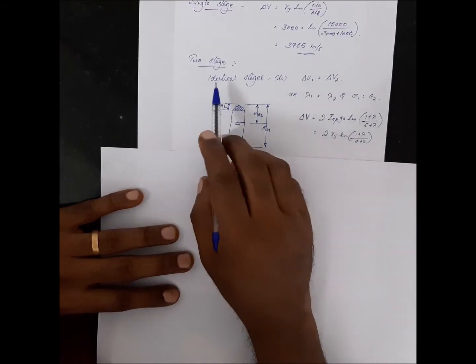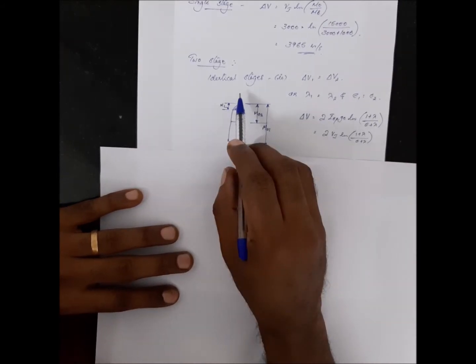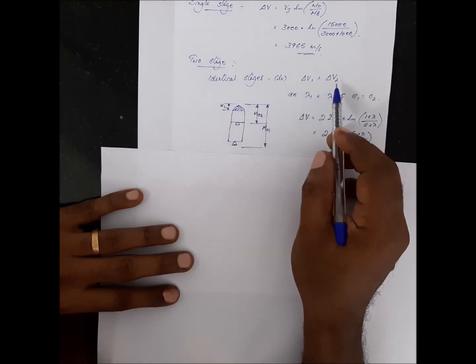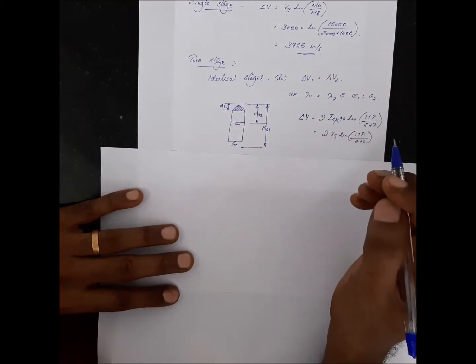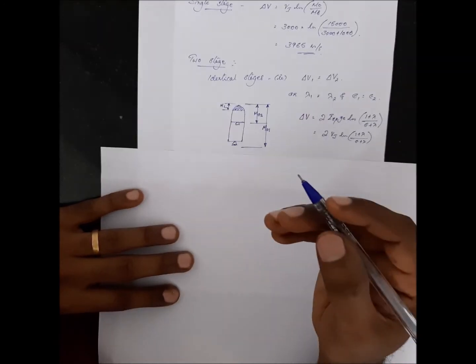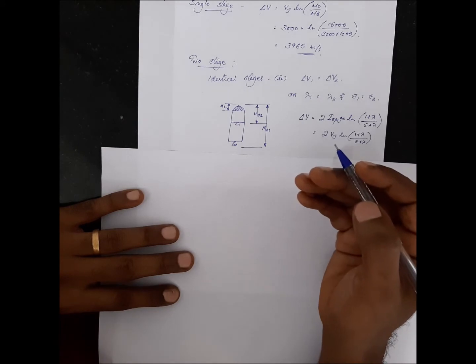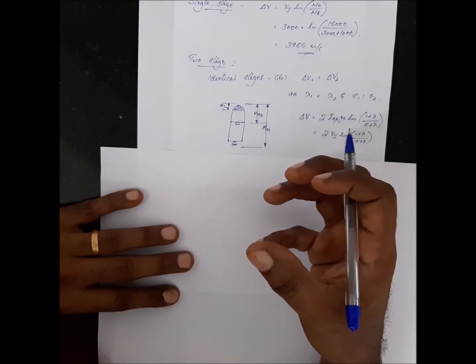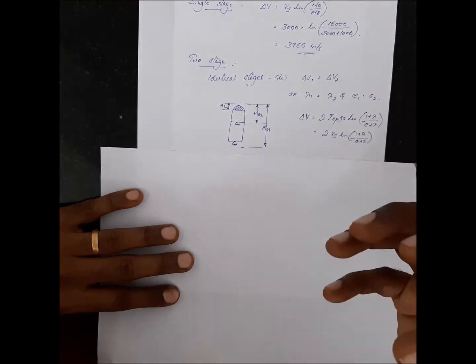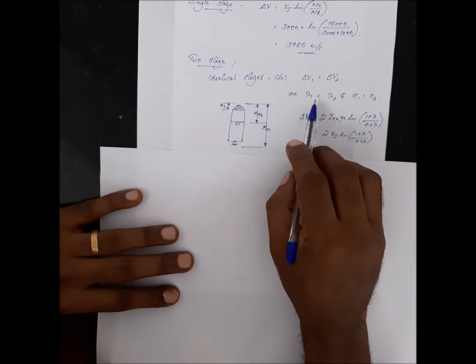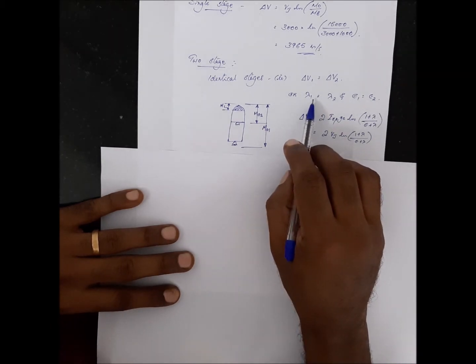So the second case is two stage. The assumption is you have identical stages, which means delta V1 is equal to delta V2. The point to be noted is that that may not be true all the time. Okay, so in this case, if you assume identical stages, the delta V1 created in the first stage is equal to the delta V created in the second stage, then that implies that lambda 1 is equal to lambda 2.